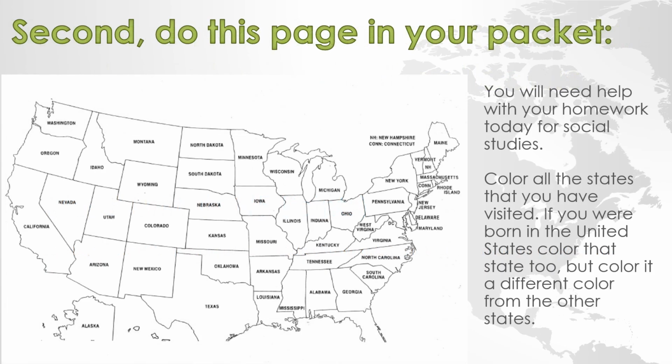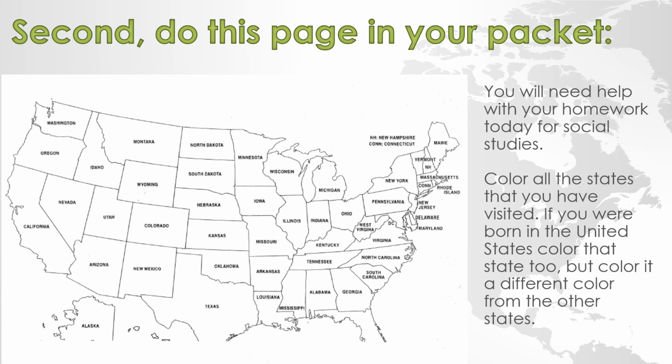And second, I want you to do this page in your packet. It's, I believe, 3rd from last in your booklet. You will need help with this homework. You'll color all the states that you have visited in your life.